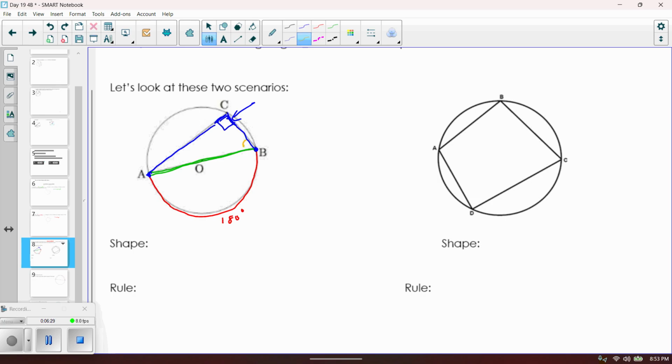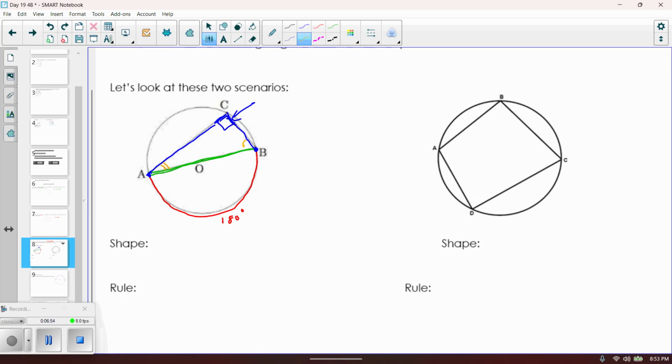I have this angle and I have this angle down here. Those two angles have to make up the remaining part of 180. If the one with the box is already 90, then the two remaining angles, the ones with the orange, also have to add up to 90 because they have to make the other part of 180. That's the important part right here.